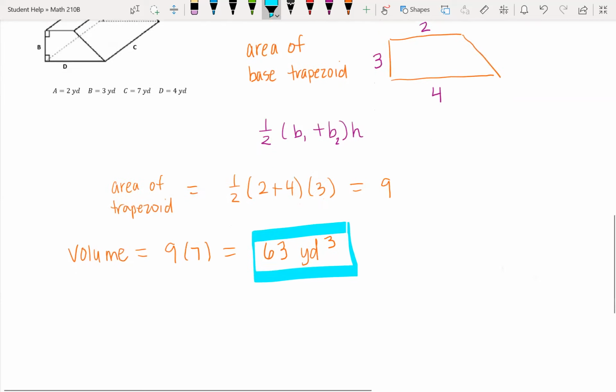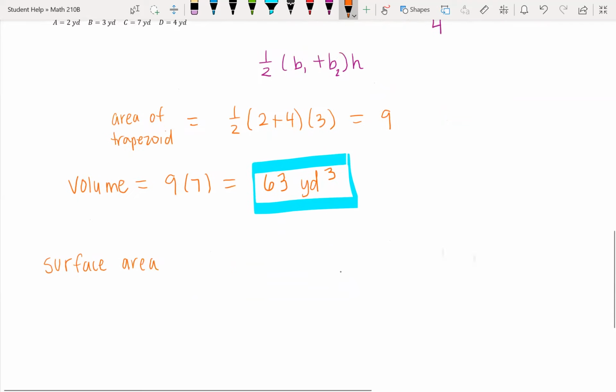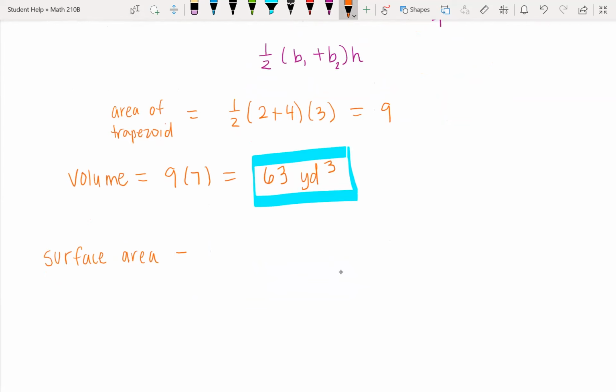All right, and then let's find the surface area. Similar to the problem that we just did before with the hexagon, we'll take two bases and then we'll add the perimeter of the shape and multiply it by the height to get all of the sides added together.